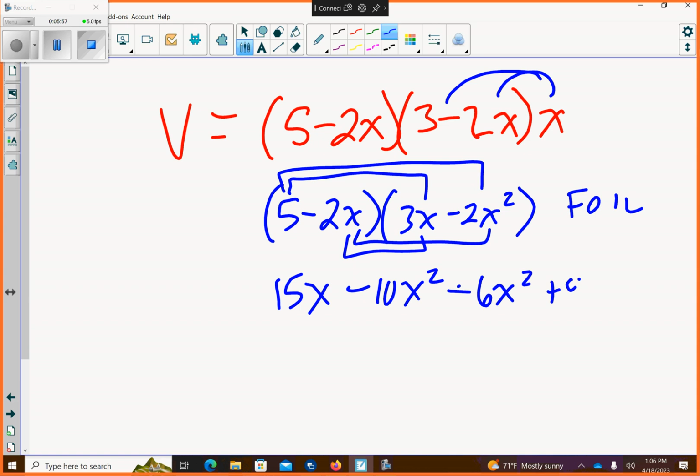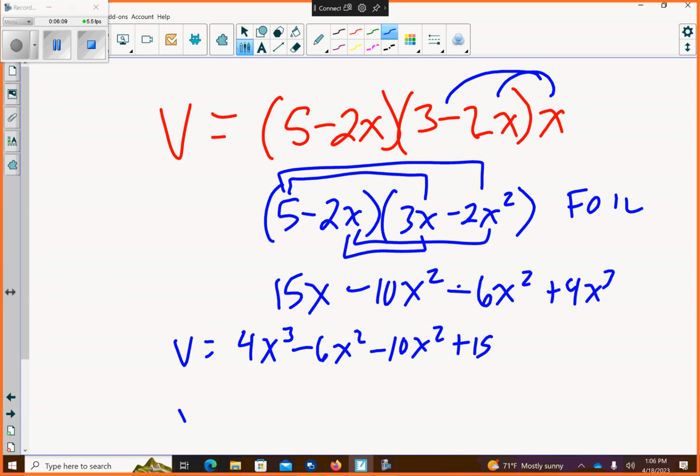Plus 4x to the third. Clean it up. So your volume equation is 4x to the third minus 6x squared minus 10x plus 15. And if I wanted to find the derivative of that, it's just going to be this. Minus 12x minus 20. Oh, there should have been x with that. 20x plus 15.